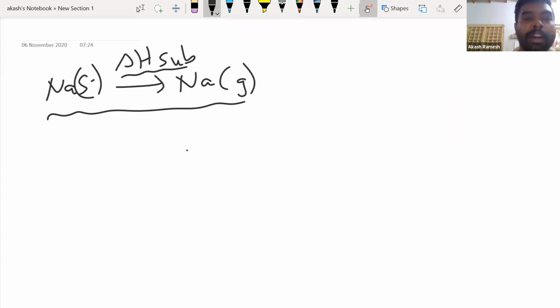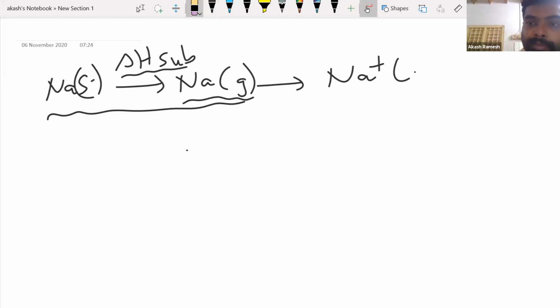Cool, right? Now what is the next step? Now I can form the ions. Sodium is in gaseous state, so now this sodium can form Na plus in gaseous state.